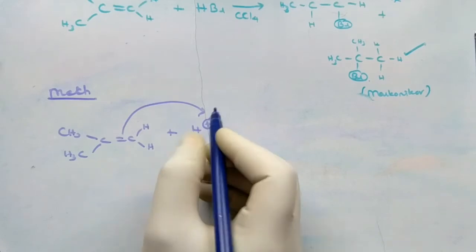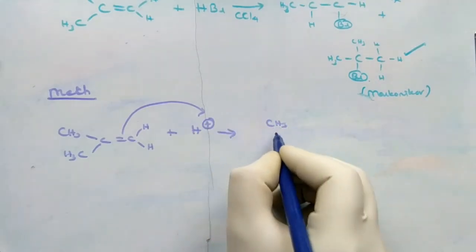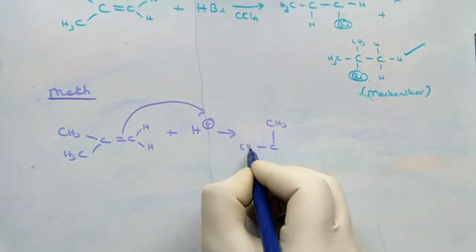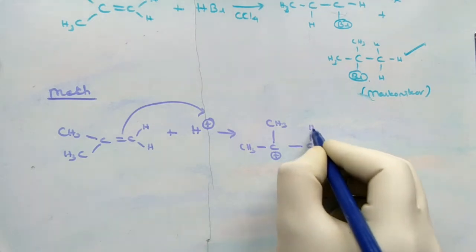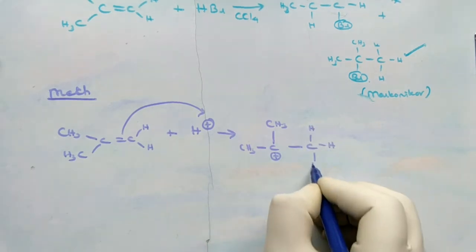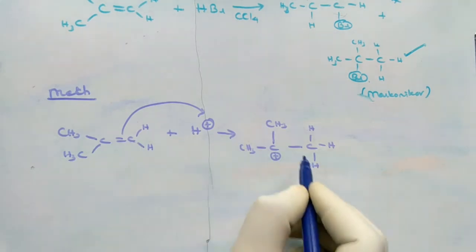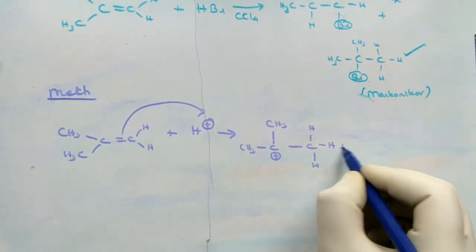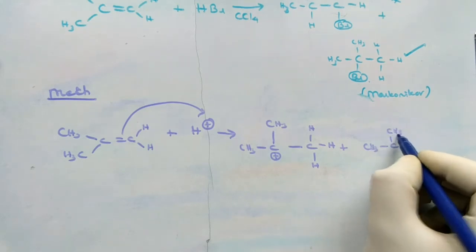So in this reaction, two carbocations can be formed. If the hydrogen is added to the first carbon, then we will get a carbocation intermediate like this. If the hydrogen is added to the second carbon, then we will get another carbocation.